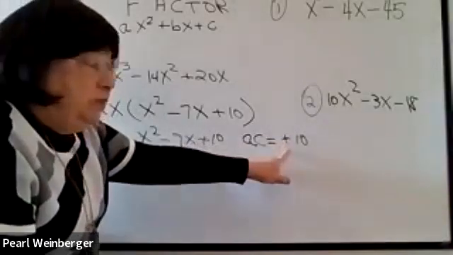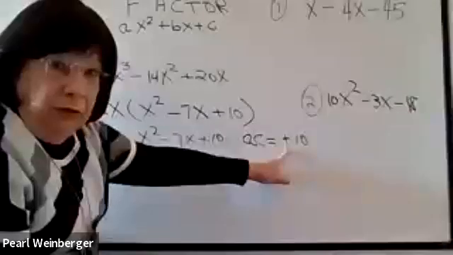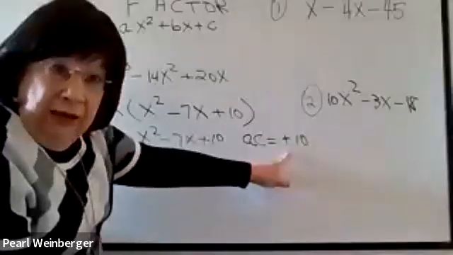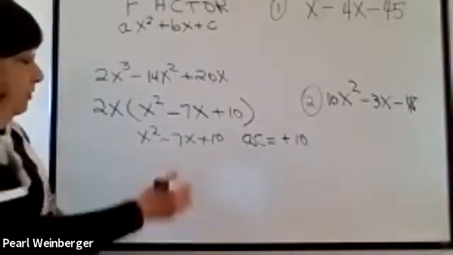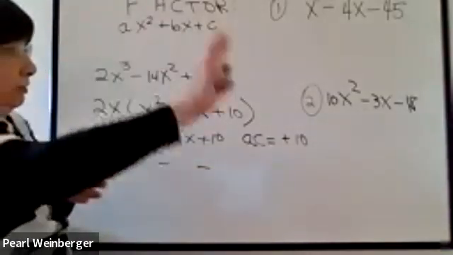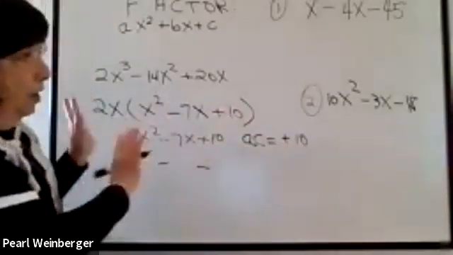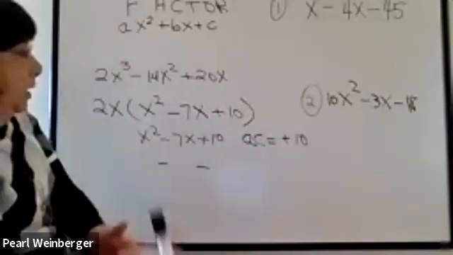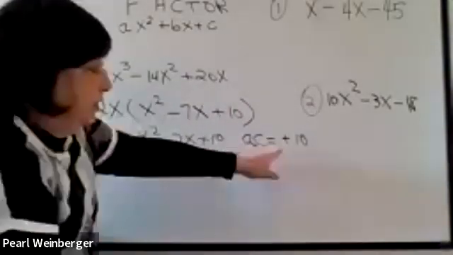It's positive, which tells me both signs are either positive or both signs are negative. Since the middle term is negative, it must be that they're both negative. Remember, when the AC is negative, one comes out to be positive, one comes out to be negative.